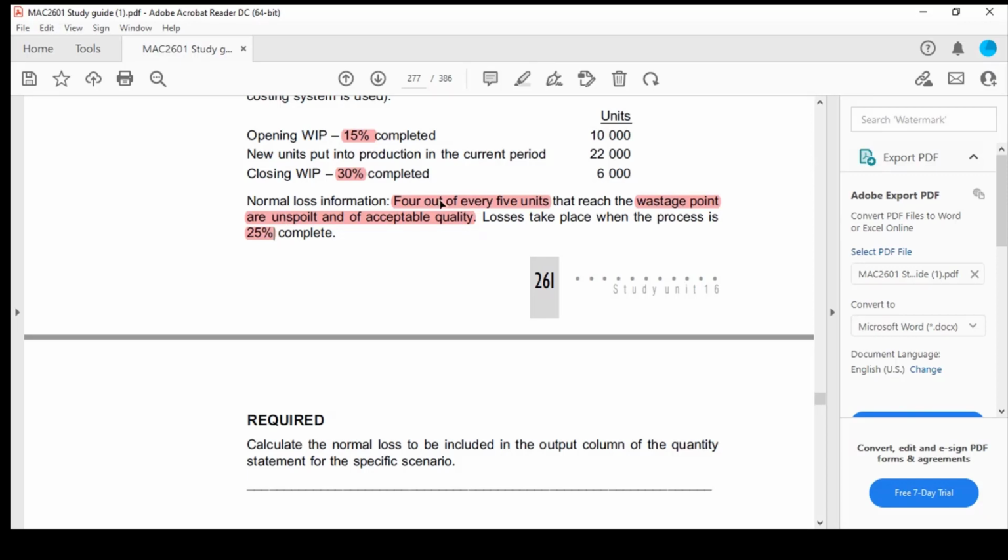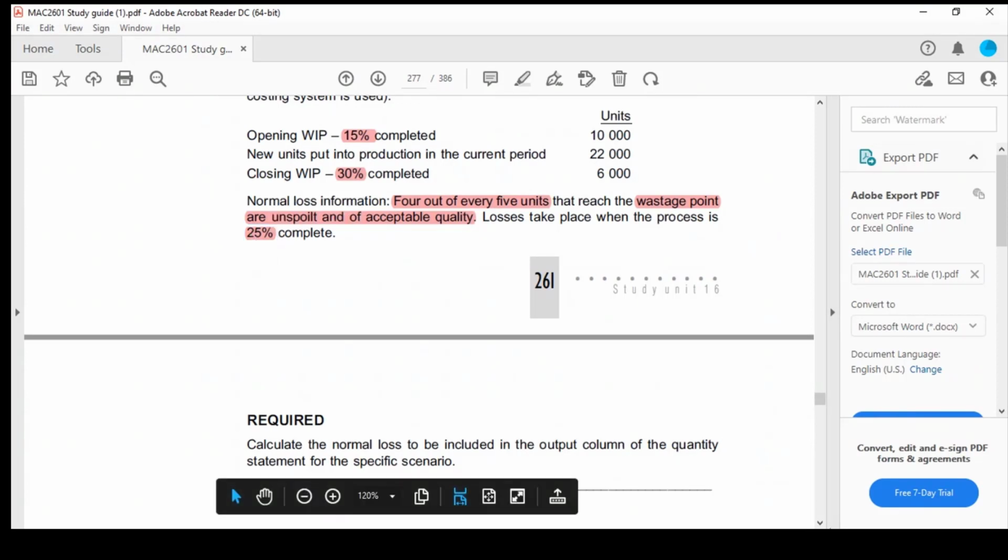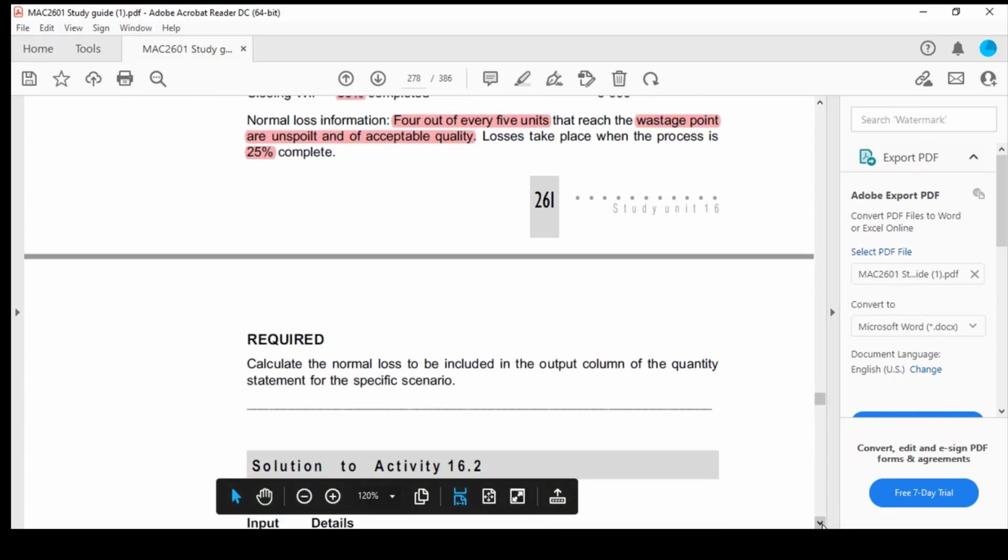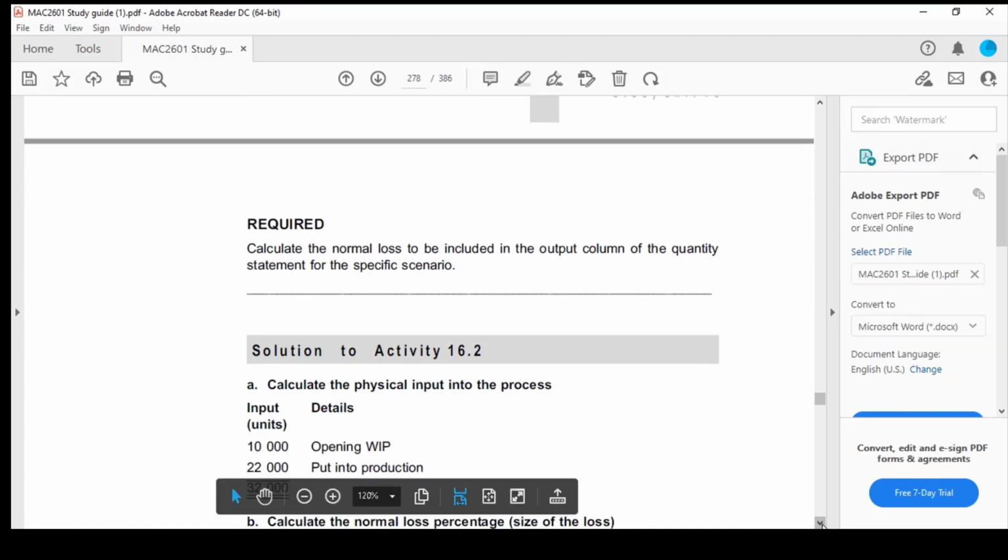So the 4 out of every 5 units is the size, right? And the wastage point is the 25%. They ask you to calculate the normal loss.